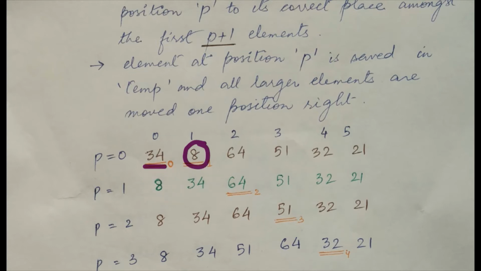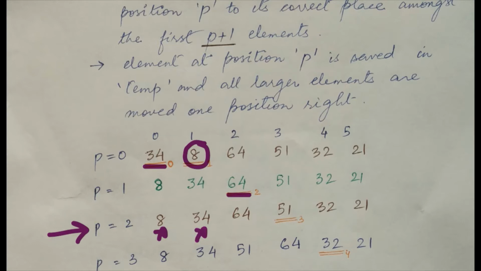In the next round, this is the sorted array. Before p equal to 2, we pick up 64 and ask, can 64 go at the first location? No. Can 64 go at the second location?